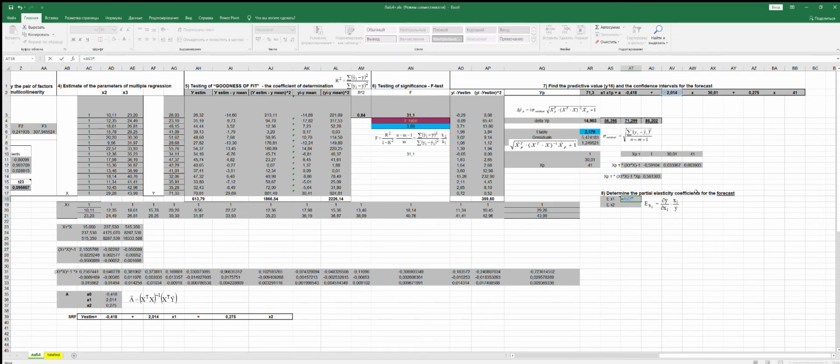Then we need to multiply this value by the proportion: the predicted value of x1 divided by the predicted value of y. Good. And we use the same algorithm to define our coefficient of elasticity for x2.